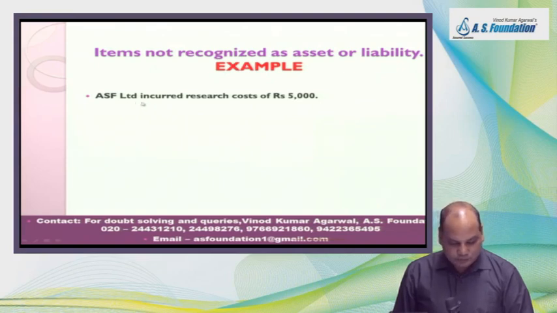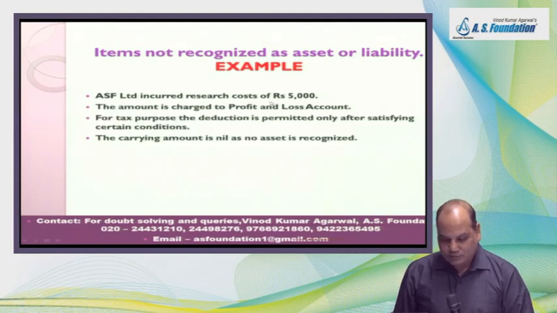Solve this example. ASF Limited incurred research cost of 5,000. Amount is charged to the P&L account. For tax purpose, the deduction is permitted only after satisfying certain conditions. So the question is, what is the tax base?